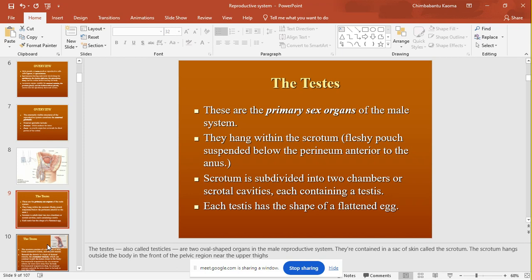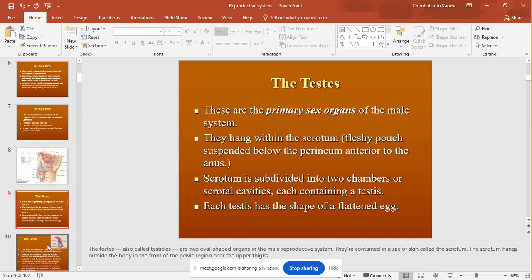Okay, we can zero in on the testis. So the testis, like we've already said, is the gonad of the male reproductive system, or the primary sex organ of the male reproductive system. It is enclosed or hangs within the scrotum. The scrotum is basically a fleshy pouch suspended below the perineum and anterior to the anus.